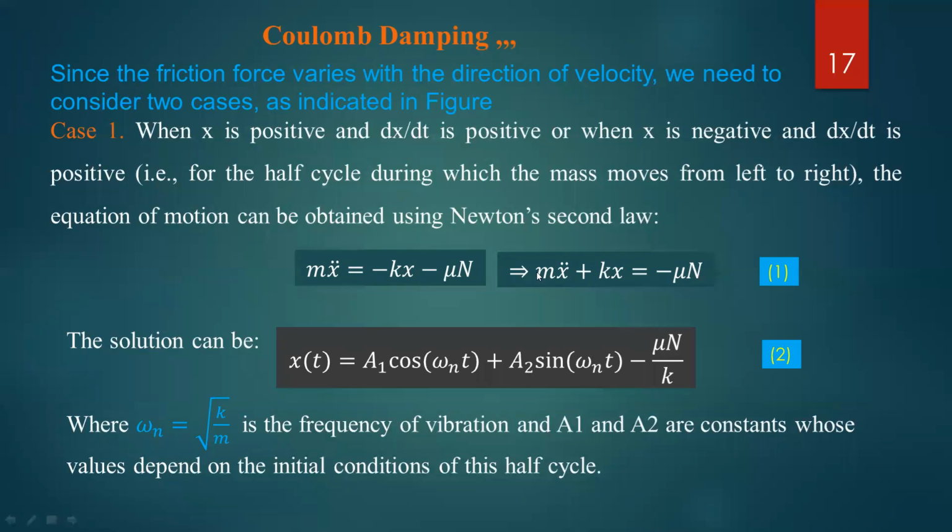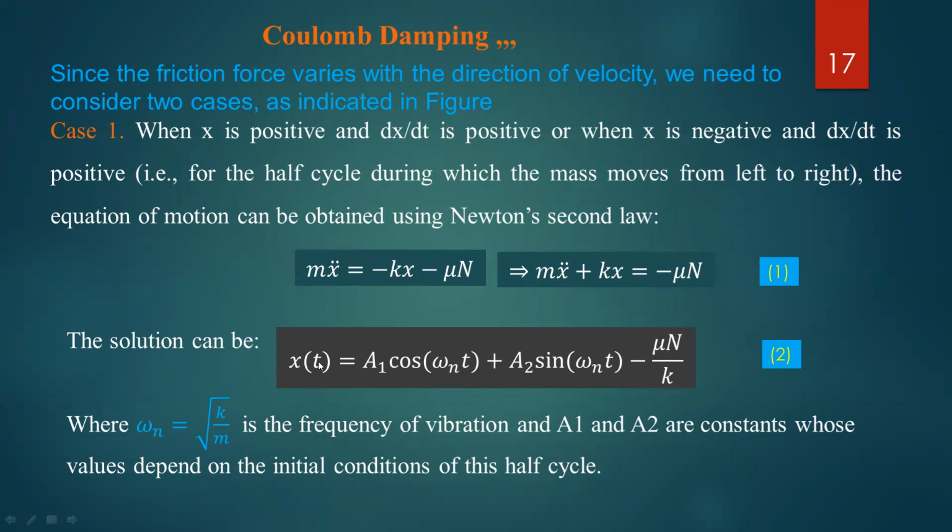This equation is non-homogeneous. The previous case, m x double dot plus kx equals 0, is the homogeneous equation, but this one is non-homogeneous. The solution for such a non-homogeneous equation, from your linear algebra, is x of t equals A1 cos omega n t plus A2 sin omega n t minus mu N over k.